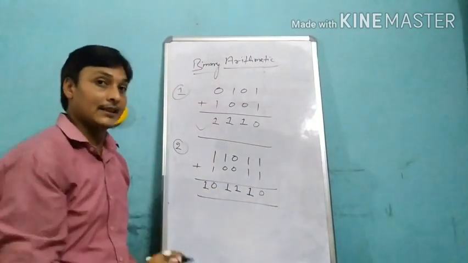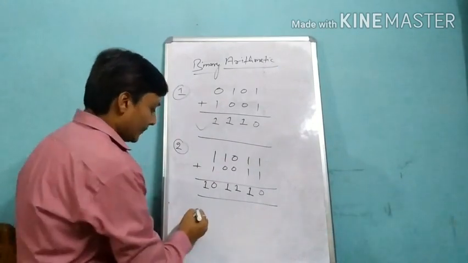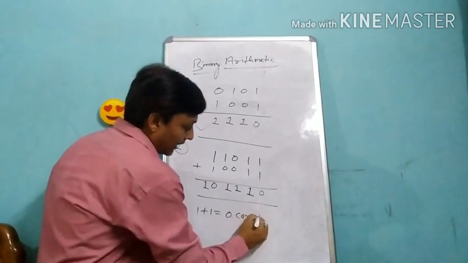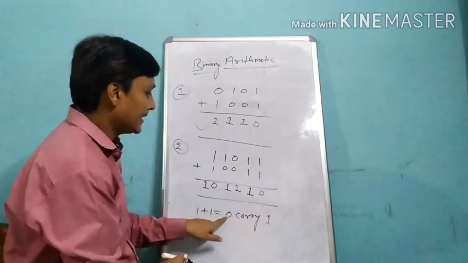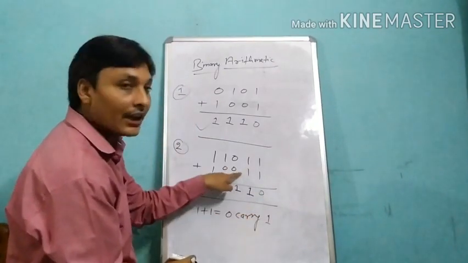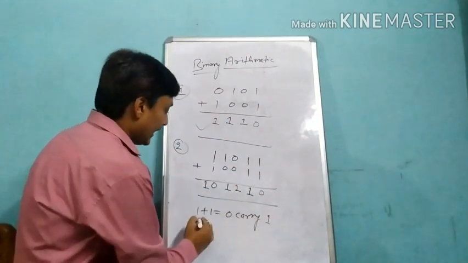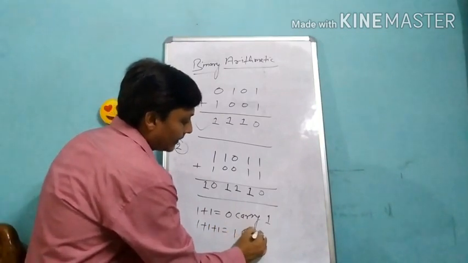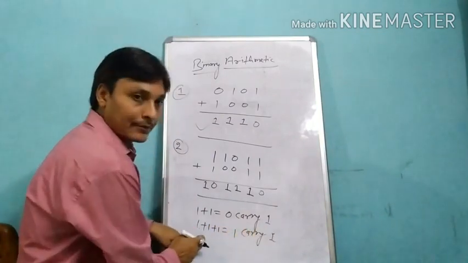Have any problem, then discuss with me. What is the problem? I am going to write 1 plus 1 equal to 0 carry 1. If I am writing 0, then carry will proceed here. So 3 times 1. In the case of 3 times 1, what I had written? 1 carry 1. I have taught you already.